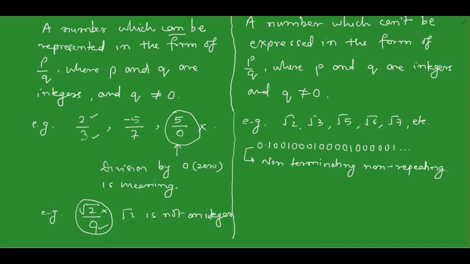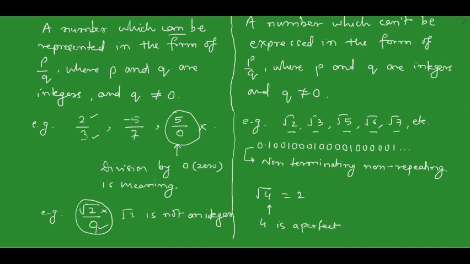Now what is specific about these numbers? What kind of numbers are these, why are they irrational, why do they come under irrational numbers? And if you pay attention here, I haven't included root 4. Why not? Because root 4 becomes 2, as 4 is a perfect square.